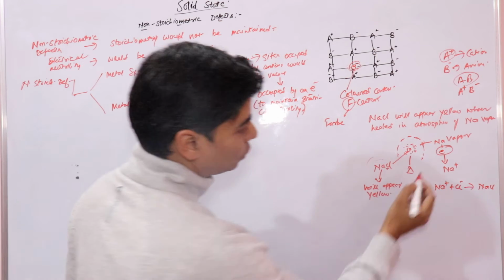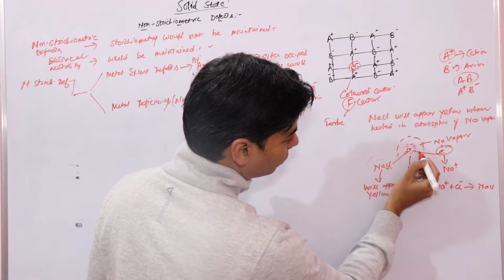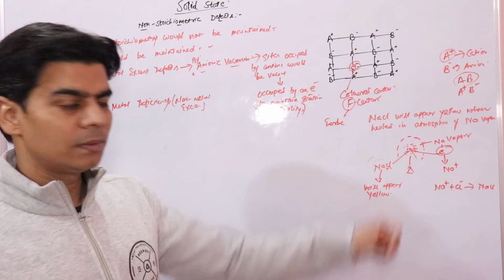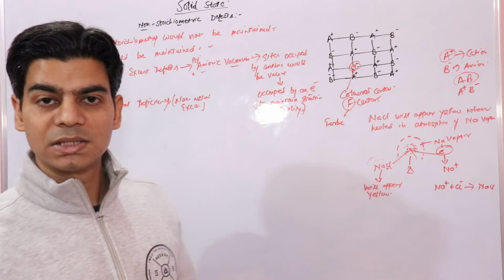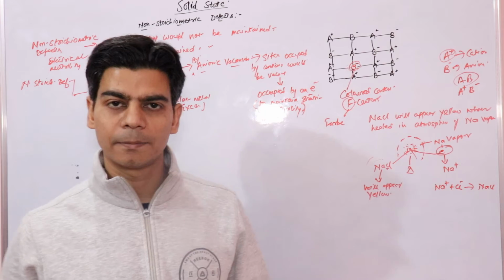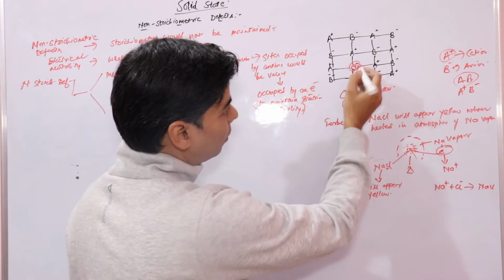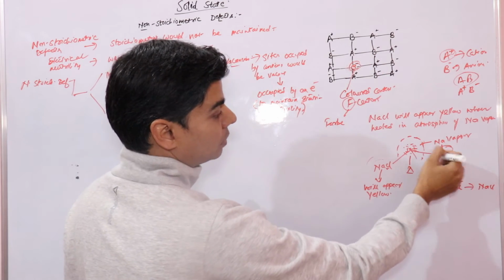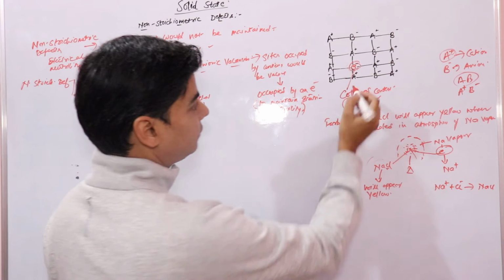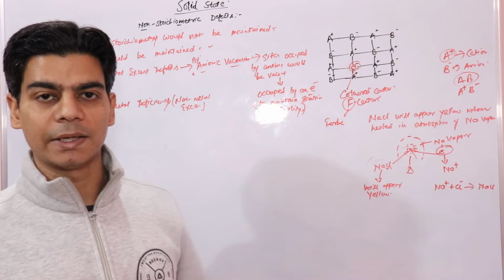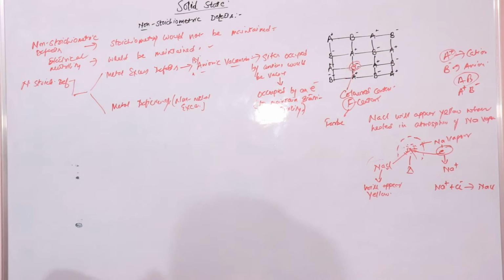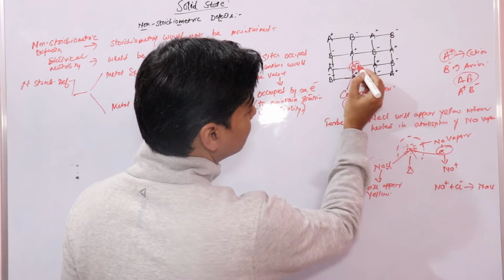So it will form an F center by occupying the chloride anion site.